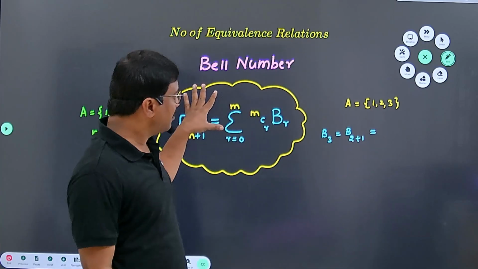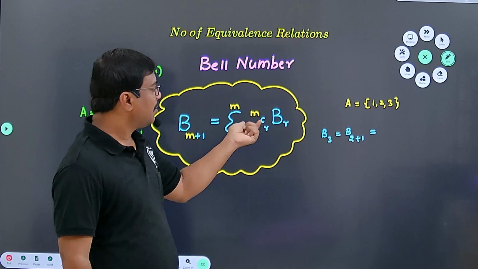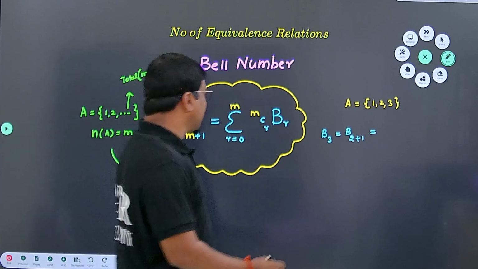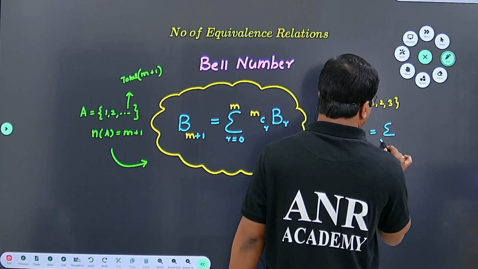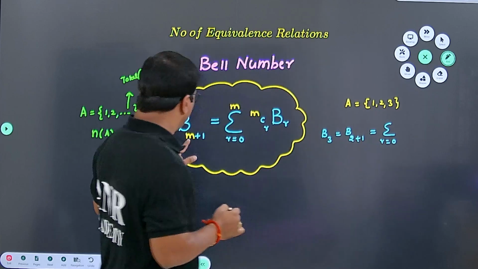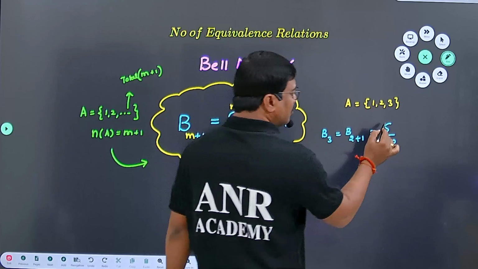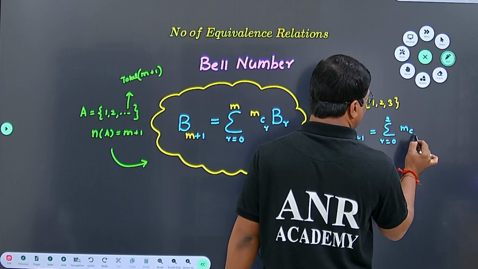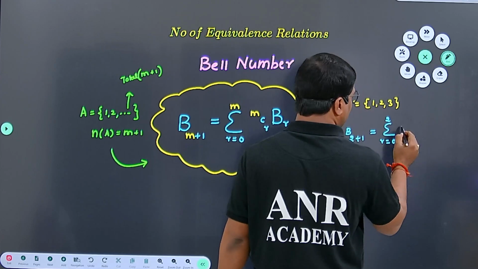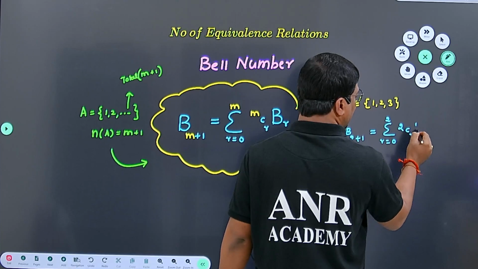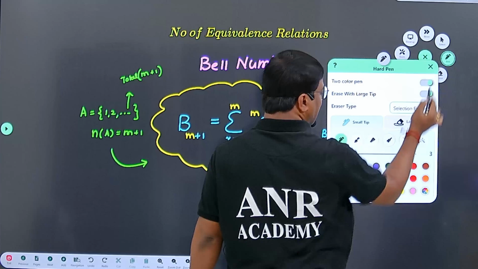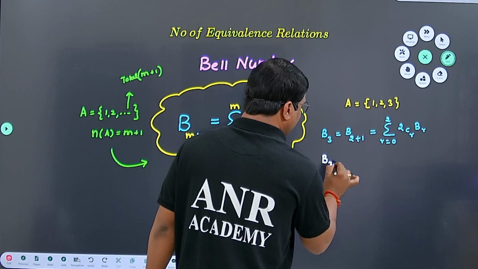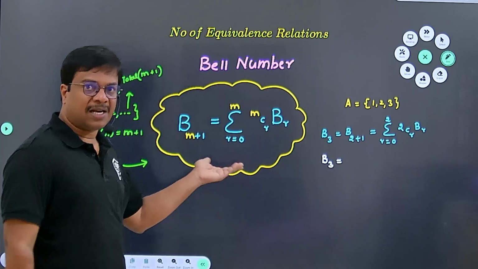B of 2 plus 1 equals the sum of the terms which are the product of mCr and Br. The summation notation I am going to write: the r value starts from 0 up to m. So here the value of m is 2, and then you have to write 2Cr Br. Now B3, the number of equivalence relations, is Bell number 3.